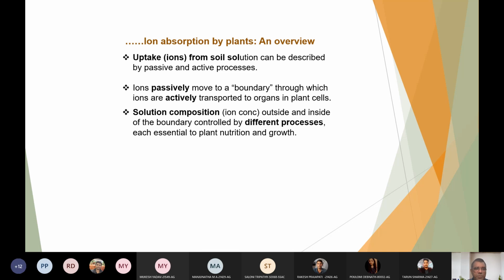Ions passively move to a boundary through which ions are actively transported to organs in the plant cell. So up to some extent, it can be a passive process, and after that, it can be an active process. Solution composition, ion concentration outside and inside of the boundary are controlled by different processes, each essential to plant nutrition and growth.